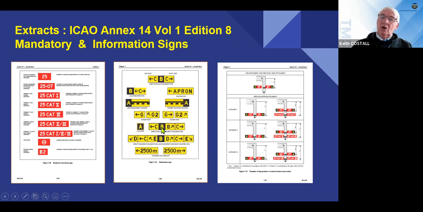Now, if I move to another one, say down here, I am traveling along Taxiway Bravo, coming to a junction, and it's also telling me I can go left or I can go right, but it's also telling me I can go off at an angle.